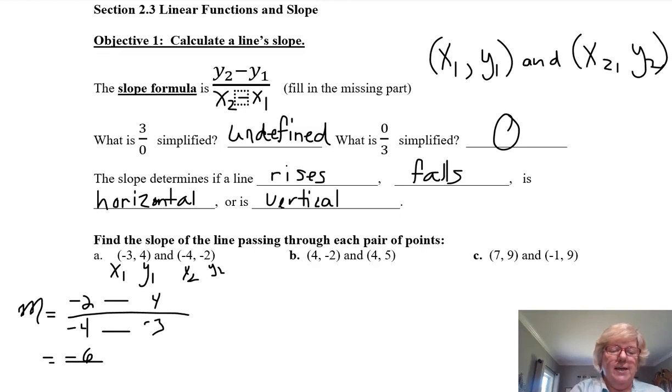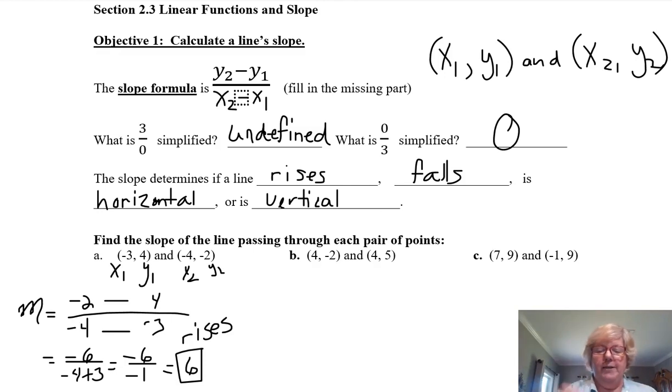Notice the negative on bottom becomes a positive. That's -4 plus 3, which will give me -6 over -1, and that is +6. Since that is a +6, we say that this line is increasing, or it rises from left to right.